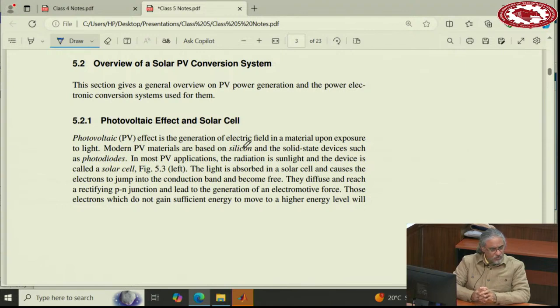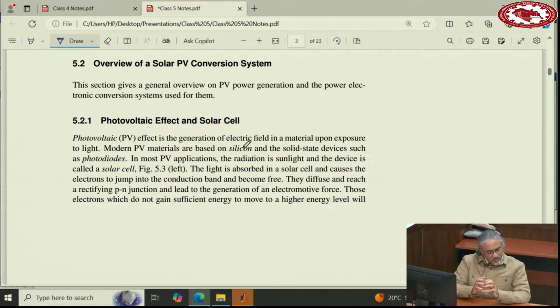If you expose them to light, the electrons in these layers can absorb the energy from the solar rays and move to higher levels of energy. And then eventually, if they can become free and go outside, that becomes flow of electricity.